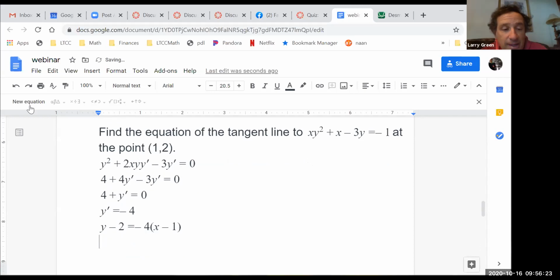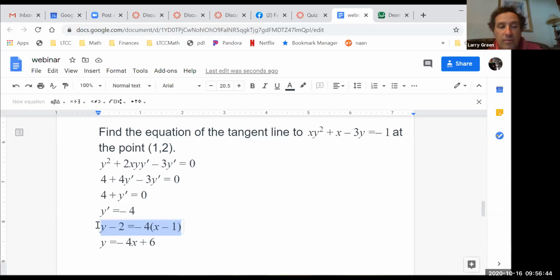And we don't have to, but I'm just going to make it pretty. y equals negative 4x plus 6. Just doing the basic algebra. If you left it like this, that's fine, by the way. As long as there's no primes left, you're good. Any questions on finding the equation of a tangent line? Okay, it's really not that hard.